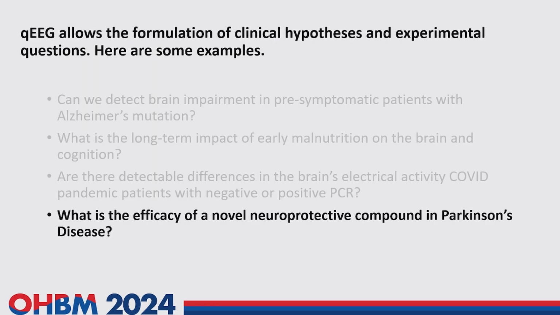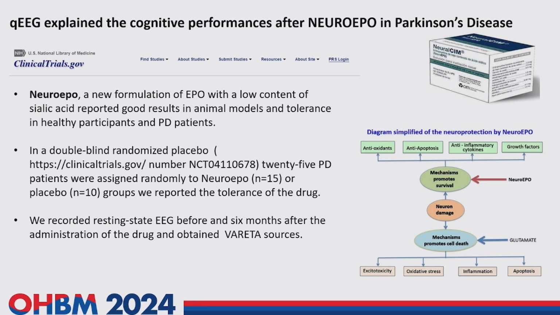The fourth and final question is, what is the efficacy of the novel neuroprotective compound in Parkinson's disease? Neuro-EPO, a new formulation of the erythropoietin with a low content of sialic acid, reported good results in animal models and tolerance in healthy participants and Parkinson patients.